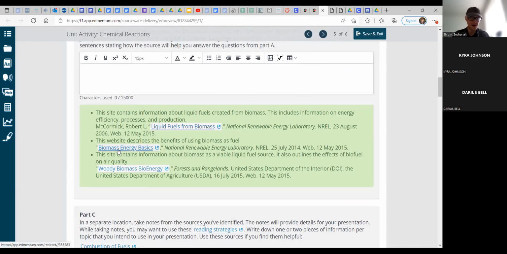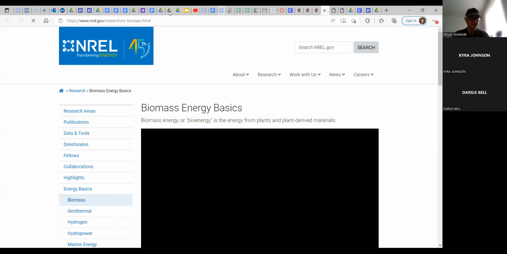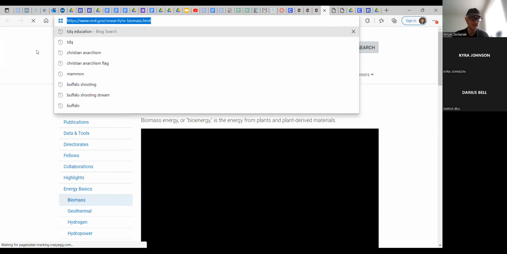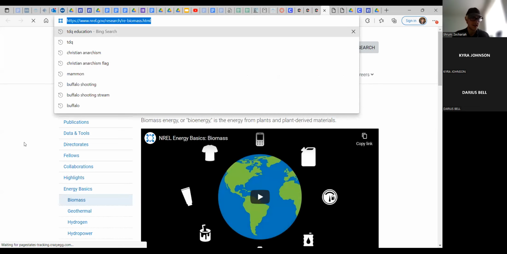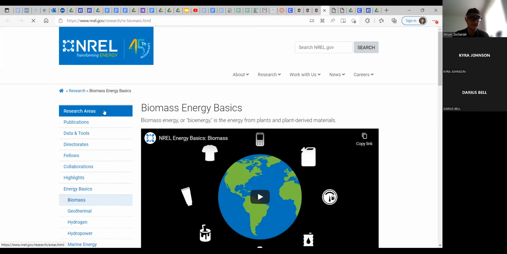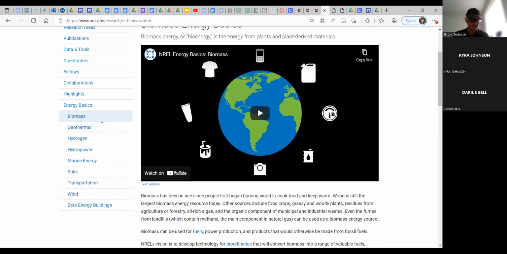So we got one about the biomass, liquid fuels from biomass. This is from the NREL, and this is from their energy basics section. So it's talking about biomass, but there's also geothermal, hydrogen, hydropower, marine energy, solar, that's a big one, wind, and I think that's it.